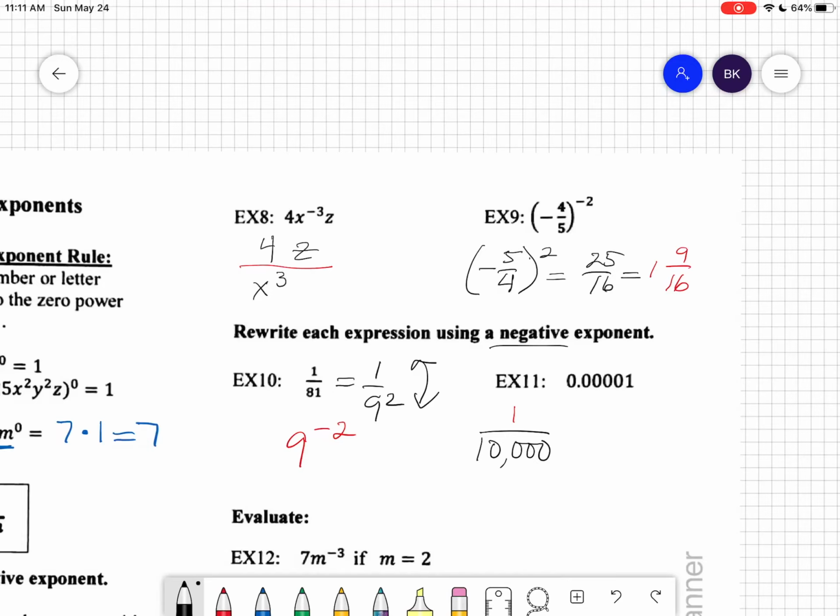And let's ask ourselves, what number times itself will be 10,000? Well, 10 times itself 4 times will be 10,000. So it's going to be 10 to the 4th power. And let's rewrite it as a negative exponent, 10 to the negative 4th. It's simply taking a reciprocal of it.